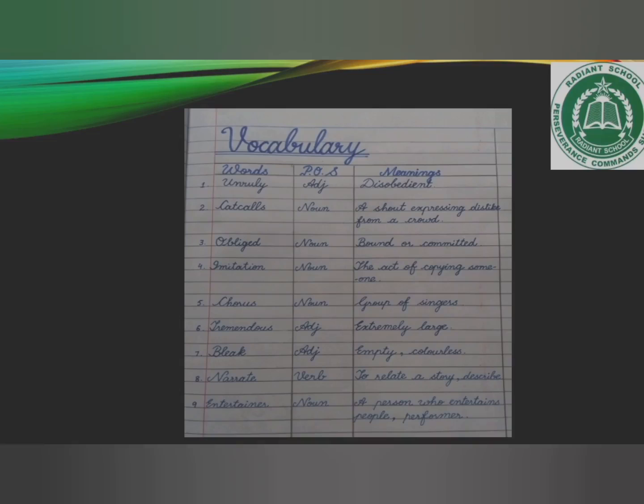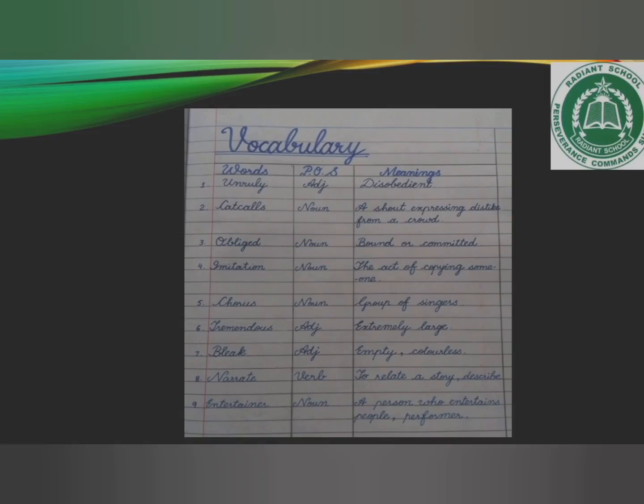Number 8, narrate. What is the meaning of narrate? To relate a story, or describe, or to tell, and it is a verb. Narrate: to tell a story or describe. Okay, number 9 is entertainer. Entertainer, obviously it is a noun.